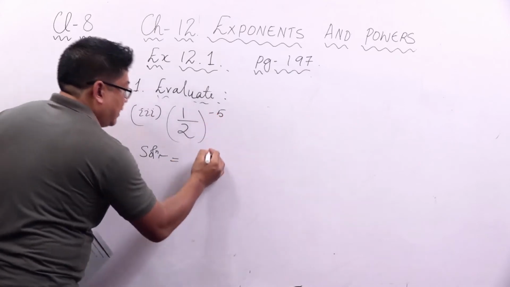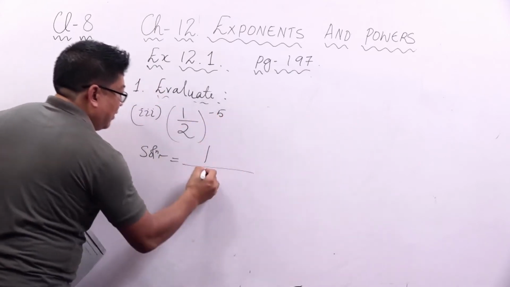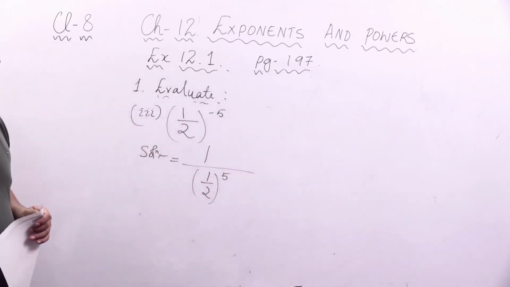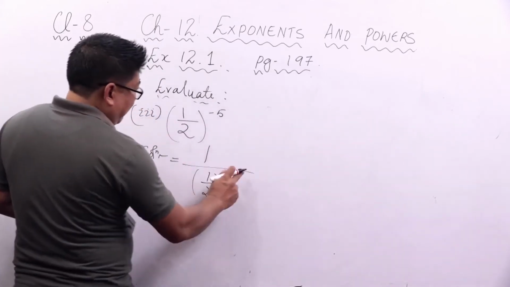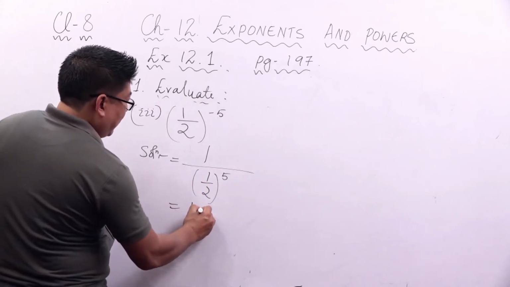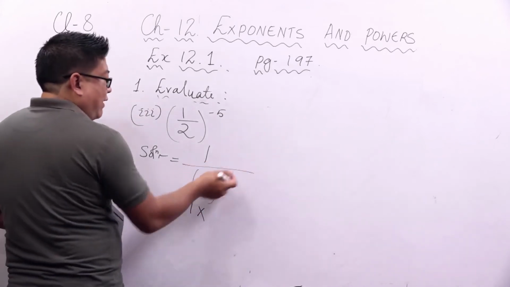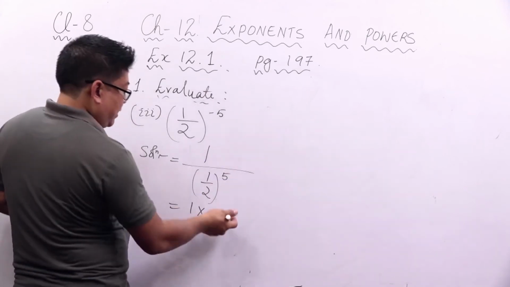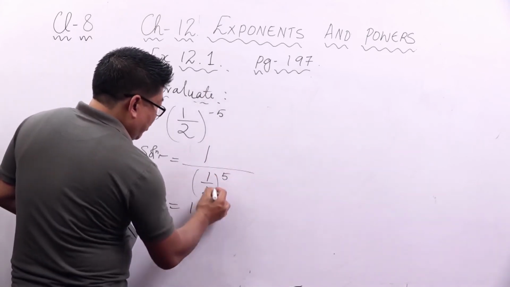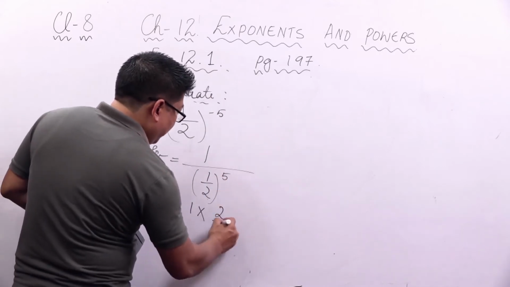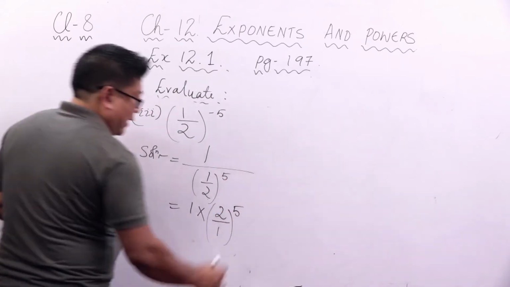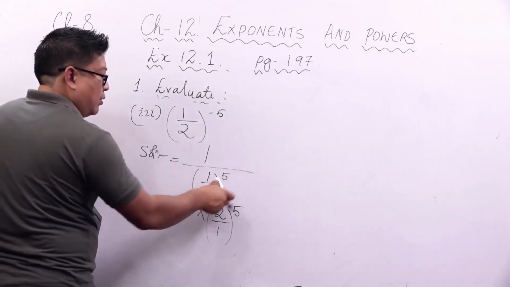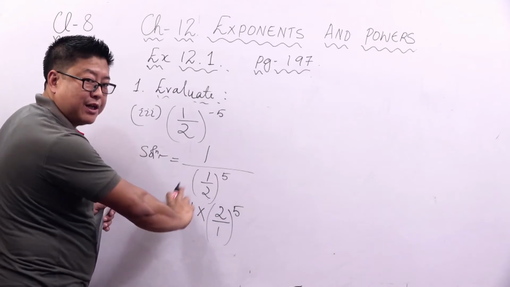Now to remove this minus, I put 1 by, and then 1 by 2 to the power 5. Okay, so this divide, if I change to multiply, 1 into. When I change this divide to multiply, this will go up, reversed. It will be reversed. Means 1 will come down, 2 will go up. Are you getting this? This divide is changed to multiply, so the numbers will change places. All right?